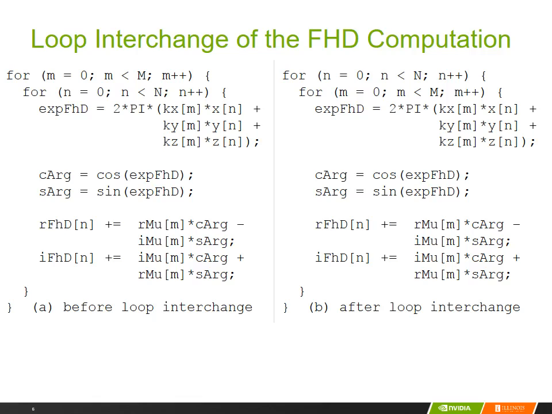We still have the outer loop to iterate through M and the inner loop to iterate through N. Because we now have a perfectly nested loop, we can just reverse the role of the outer loop and inner loop so that the outer loop iterates through N and the inner loop iterates through M. This is shown on the right-hand side of the picture. These two codes are identical, except that the outer loop and inner loop statements are exchanged.